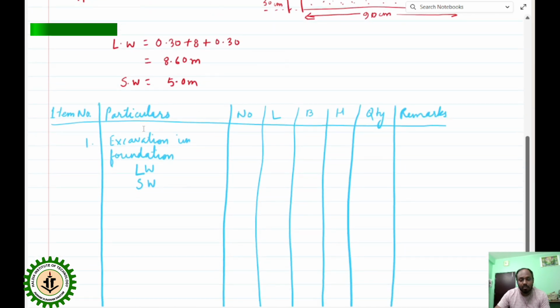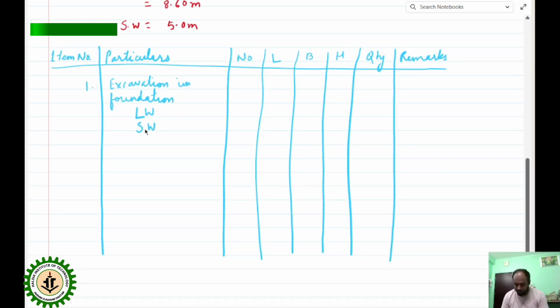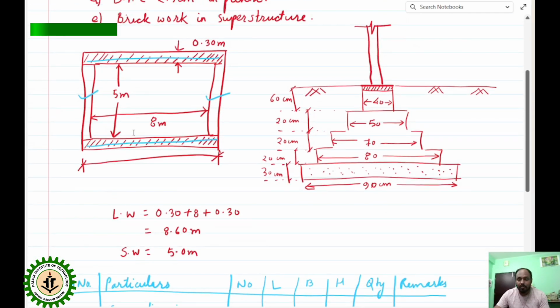That means we have two long walls and two short walls. So in number we will write 2, 2. What is the length? We have calculated for long wall, that is 8.60, and for short wall that is 5.0. What is the width of the excavation for foundation? For width, see in the foundation diagram, the width is given as 90 centimeters.